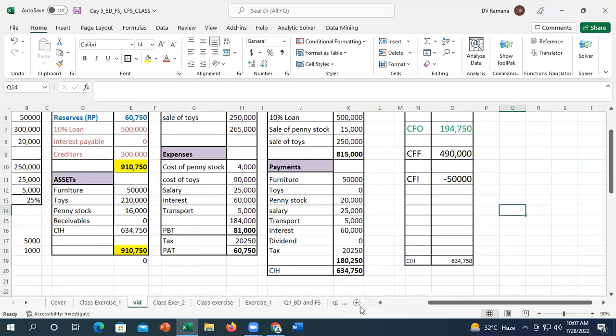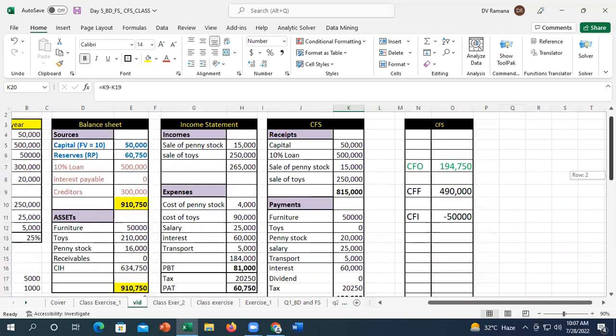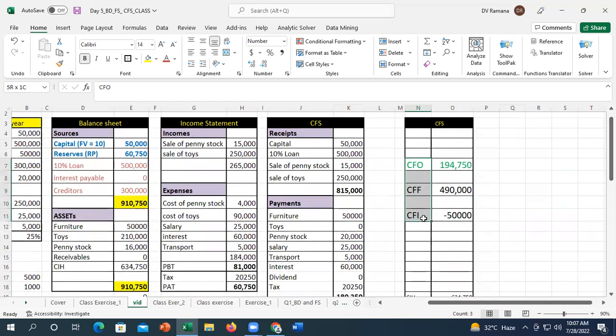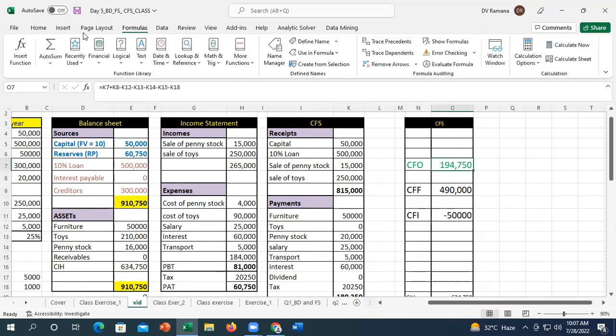The cash in hand is equal to 634. According to Ind AS, you need to classify the cash flows into operations, financing, and investment. So what are the operating cash flows here? The operating cash flows are the sale of penny stock, because they are selling and buying anything and everything.